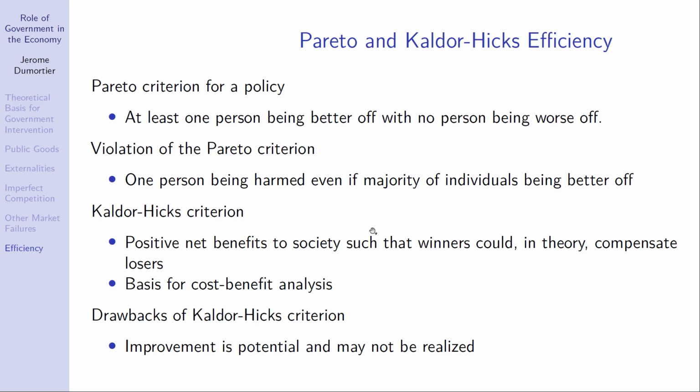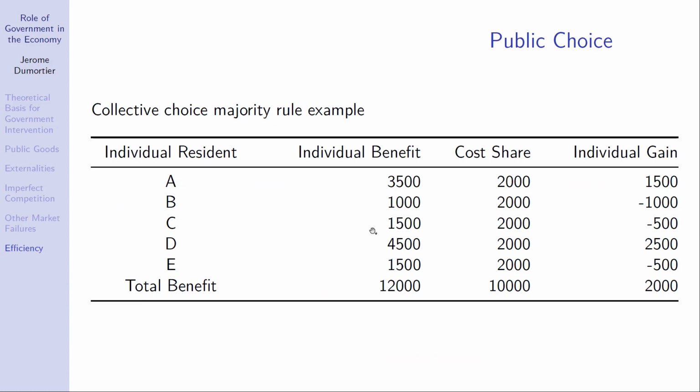Now let us have a look at an example. Okay, so think about you have 5 residents, A, B, C, D, and E, and that there's a particular project that should be implemented. And that project costs $10,000. The costs would be shared equally among the 5 residents at $2,000 each.